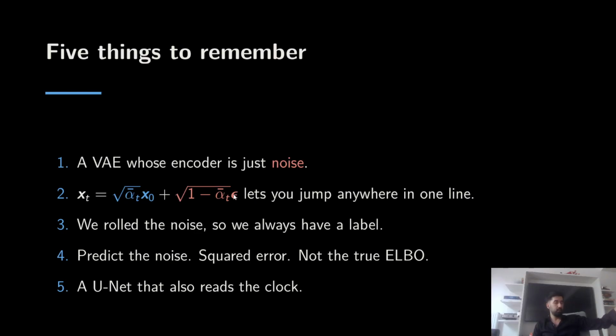And this lets you in the forward pass jump anywhere in time. And the network is trying to predict the noise in the backward pass. And we have the actual noise, so we just subtract them. And the network is basically a UNet that also takes as input the time and encodes it.